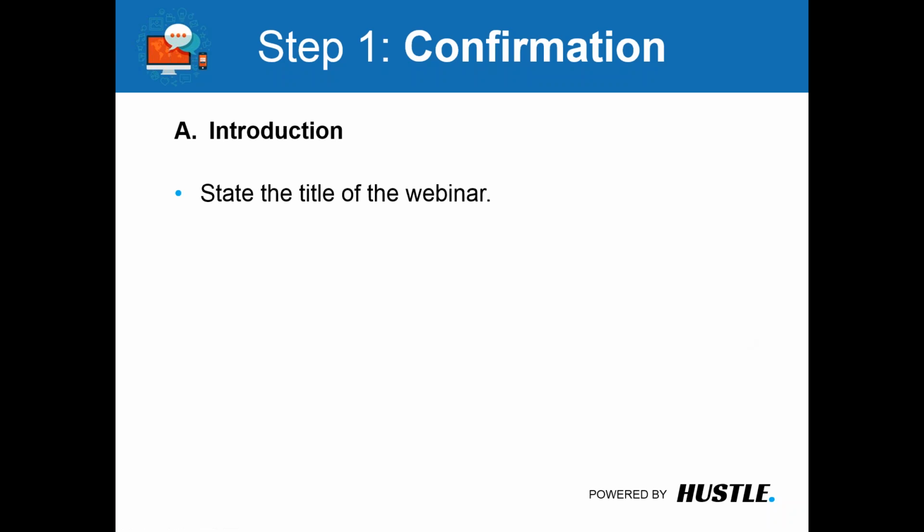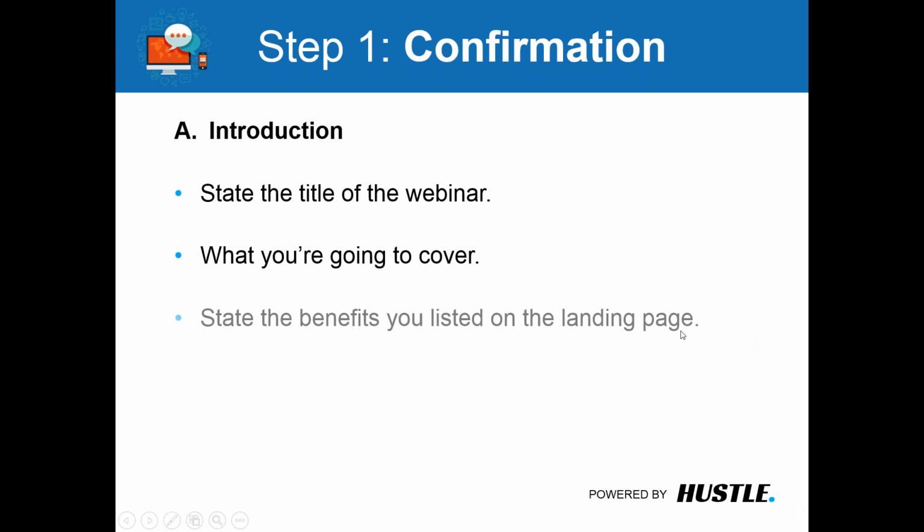During the introduction, obviously you state the title of the webinar, you state what you're going to cover. Basically, you would have created a registration page and told people about what you're going to cover during the webinar, or even during your email sequence.